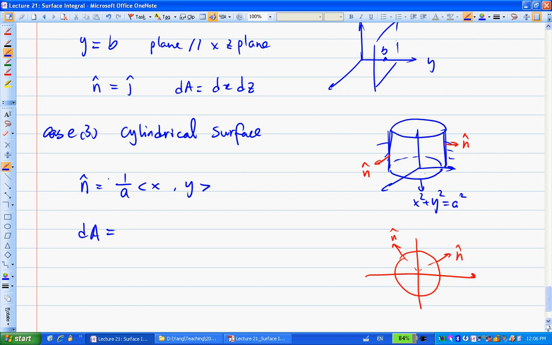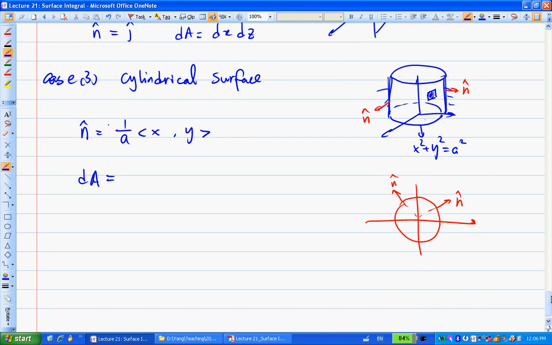Now we're talking about dA. dA is a small patch on the side of the cylinder. I'm going to use a similar idea here. If I'm talking about the volume element of a cylinder using cylindrical coordinates, what did we derive?